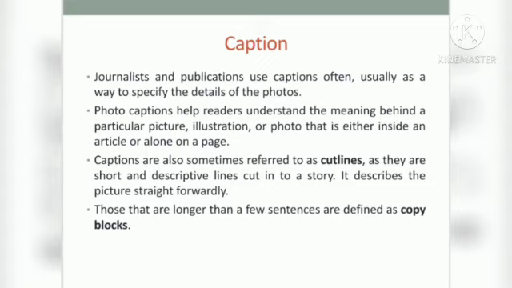So the caption tries to give an idea about what is going on in the picture or photo or illustration. Captions are also sometimes referred to as cut lines, as they are short and descriptive lines cut into a story. It describes the picture straightforwardly. So what do we see in the photo or illustration? That is given as caption.